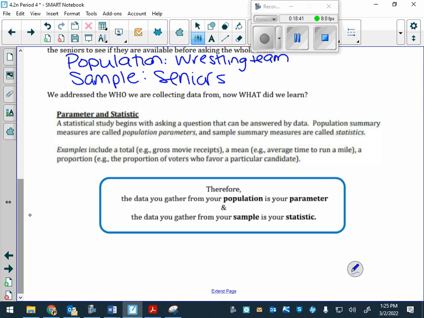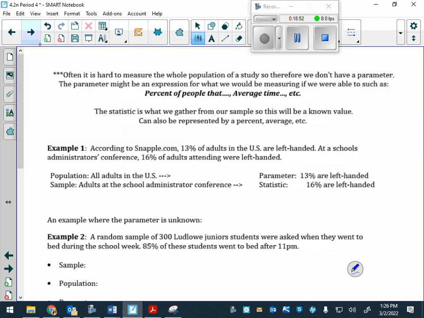So, therefore, the data you gather from your population is your parameter. The data you gather from your sample is your statistic, okay? So, S and S and P and P. All right? So, often it's hard to measure, which we just talked about, the whole population, or actually get a numerical value that represents the population. It's very difficult to do that. Some cases you will be given it, but others you kind of have to use different wording to describe what you're trying to measure.